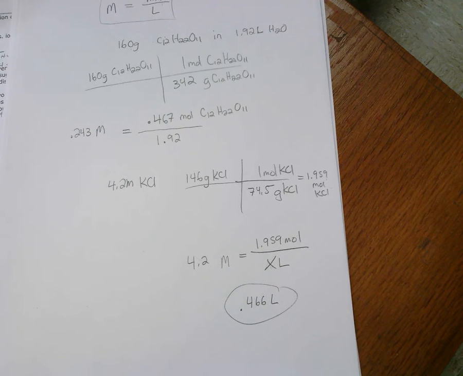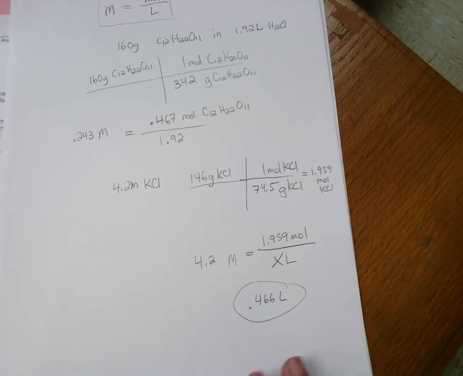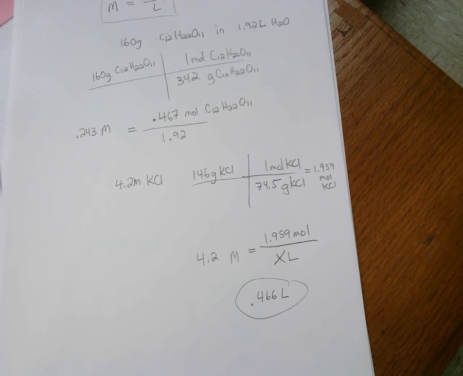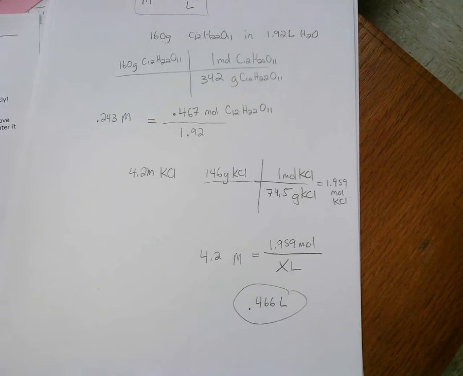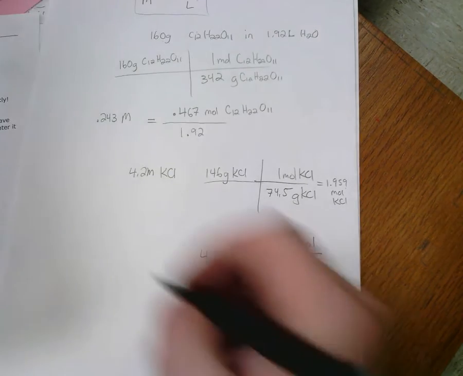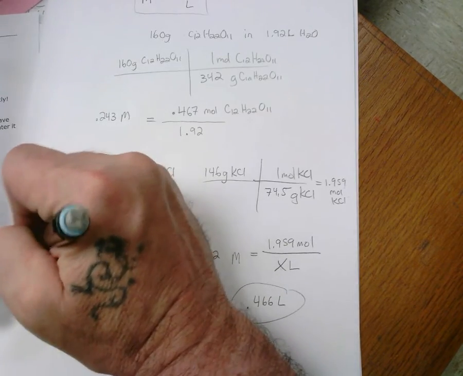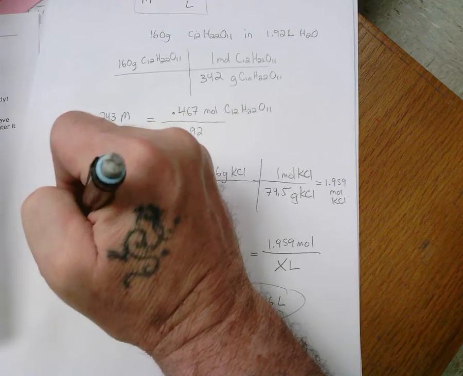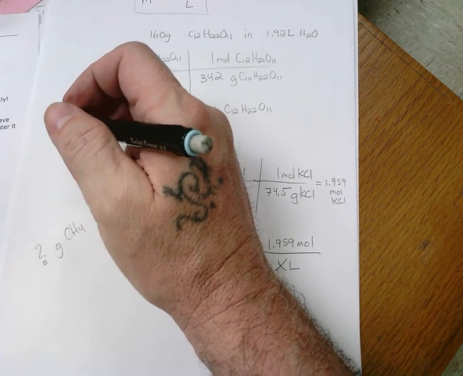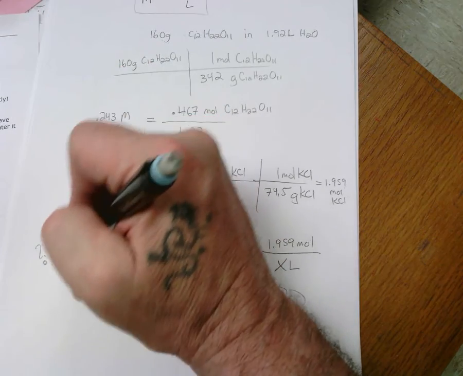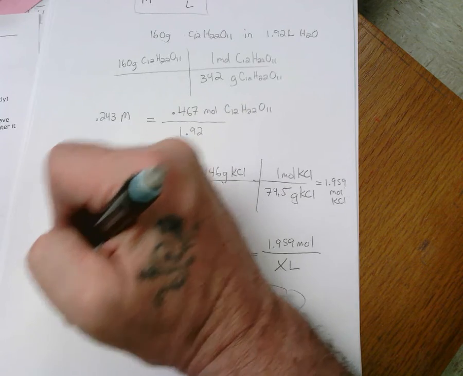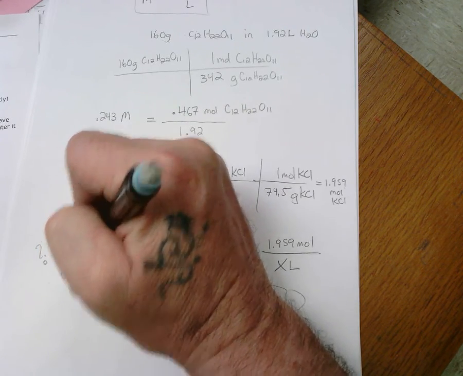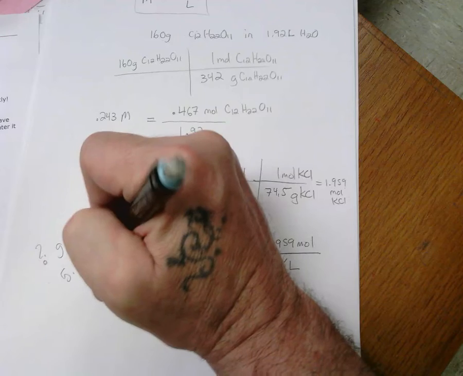All right, 34. How many grams of CCl4 should be used to make a, okay, let's see. How many grams of CH4 should be added to a solution to make a 5.2 liter 0.5 molar solution?